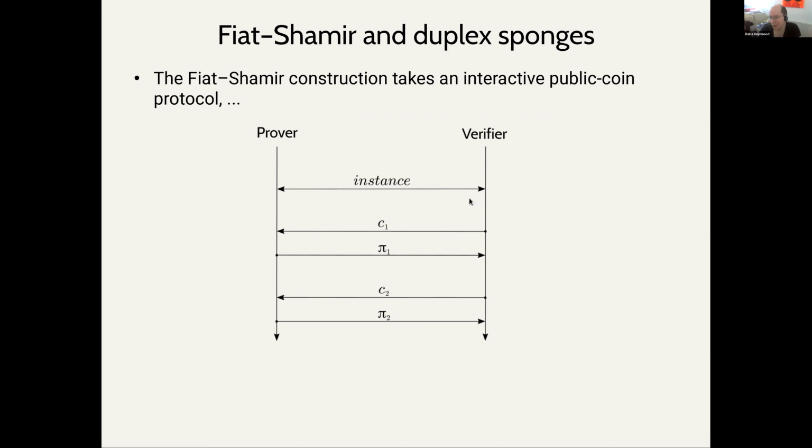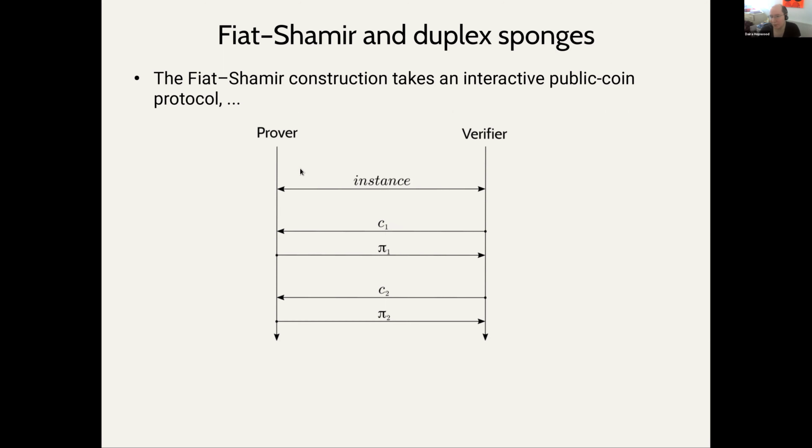So in the interactive protocol, if we have the instance which is shared between the prover and verifier, the verifier sends a challenge, the prover sends part of the proof, the verifier sends another challenge, and so on. And we want it not to be possible for the prover to cheat by knowing what the verifier's challenge will be.